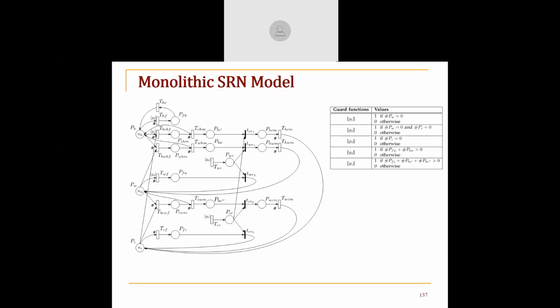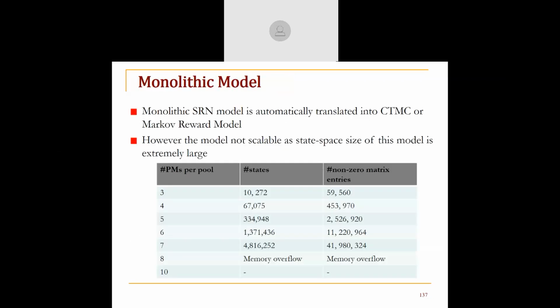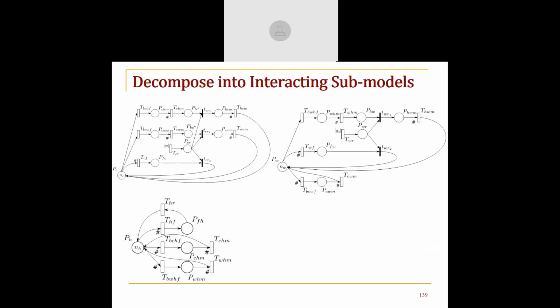So now I take this stochastic reward model and decompose it into three submodels: one for the hot pool, one for the warm pool, one for the cold pool. And clearly, these three will interact, and interactions are introduced appropriately.